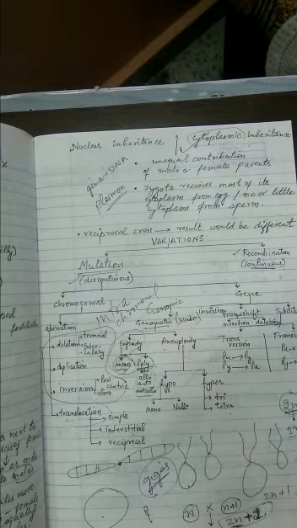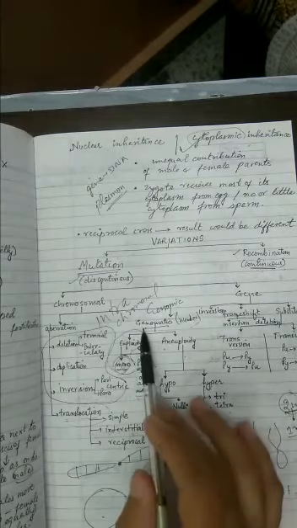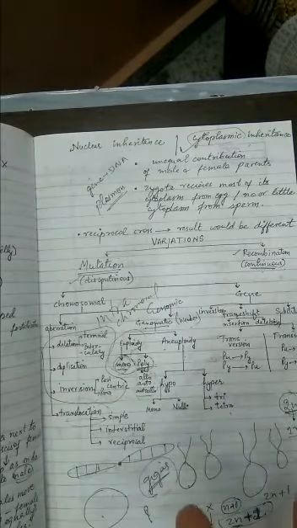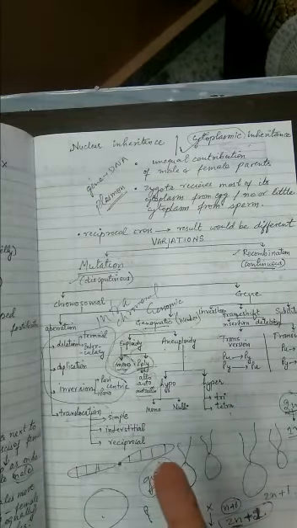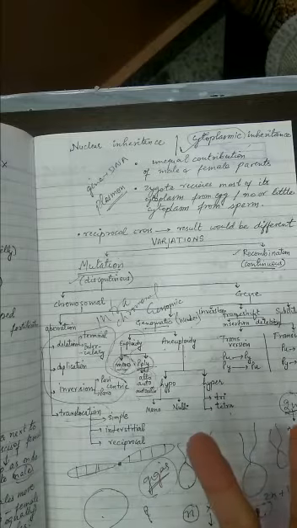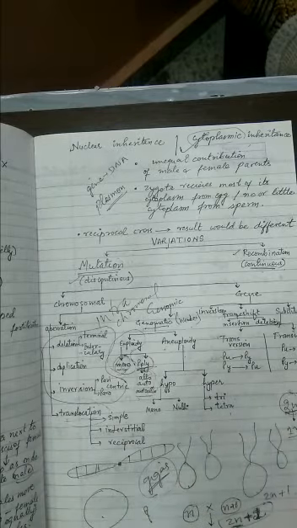So it is the phenomenon of having more than two sets of chromosomes, or you can say two sets of genome. One set in gametes, two sets in zygote or diploid organism. If there are more than two genomes, it is also called polyploidy.